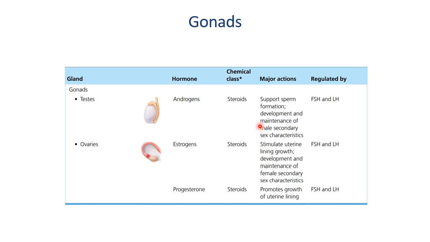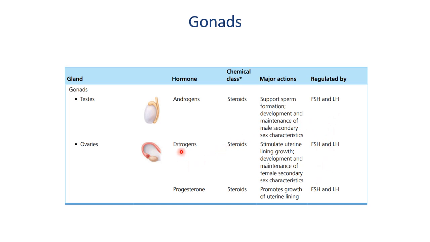So what are these? The presence of a mustache, the deepening of the voice, and an enlargement of the muscle and bone. These processes are regulated by follicle stimulating hormone and luteinizing hormone from the anterior pituitary gland.